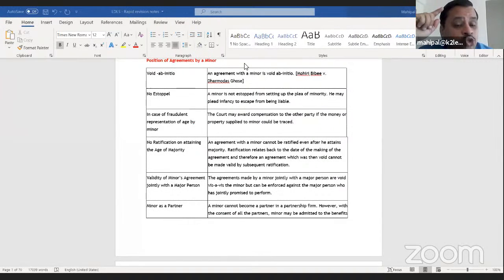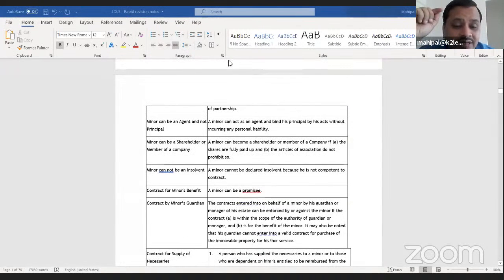Fourth, in case of joint promise with a minor and a major, the liability lies with the major, not with the minor. A minor cannot become a full-fledged partner in a partnership firm. However, he may be admitted for the benefits of the firm. A minor can be agent. Minor can enter into all those contracts which benefit them.